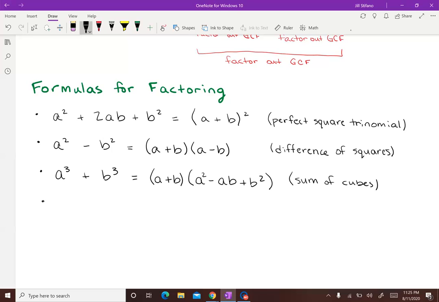Lastly, we have the difference of cubes, a cubed minus b cubed. And we can factor this in the form a minus b all times a squared plus ab plus b squared. And again, this is when we're working with a difference of cubes.